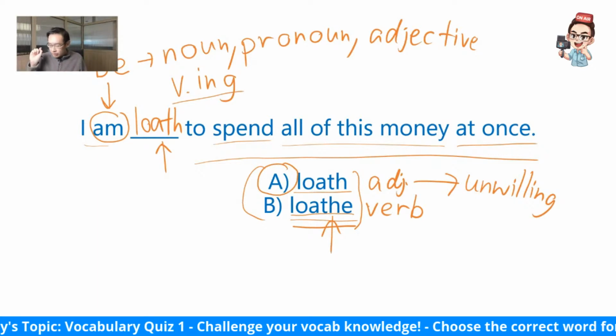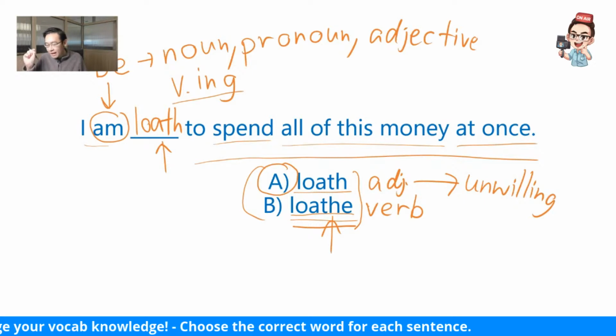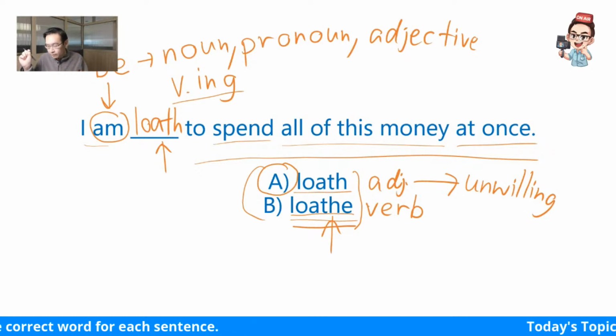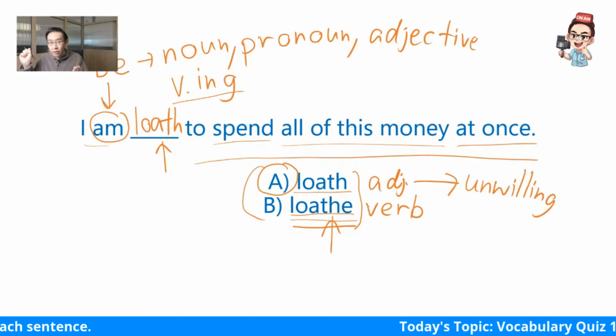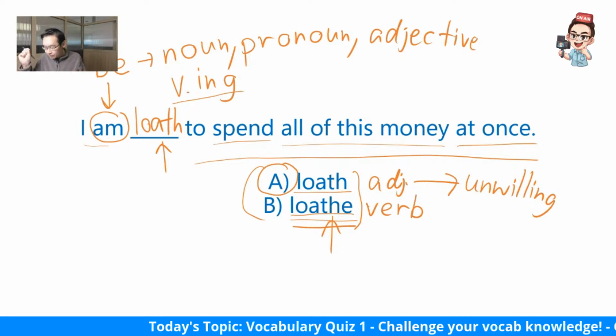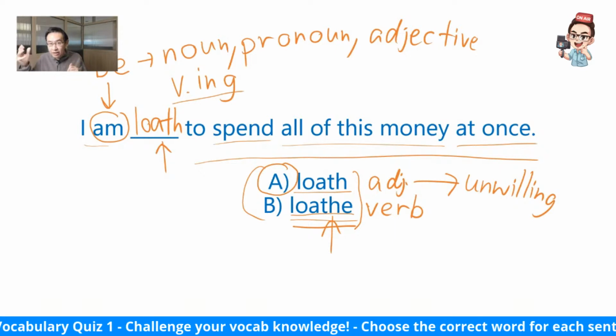So to recap, we say loath, the short one without the E. We use it as an adjective. I'm loath to do something. I don't want to do something. On the other hand, we say loathe, the verb, to show that you hate something, okay? I loathe, with the E, cockroaches. I hate cockroaches, okay?